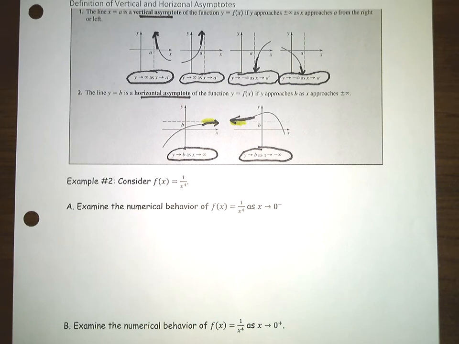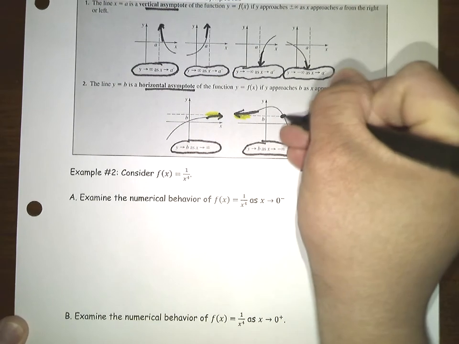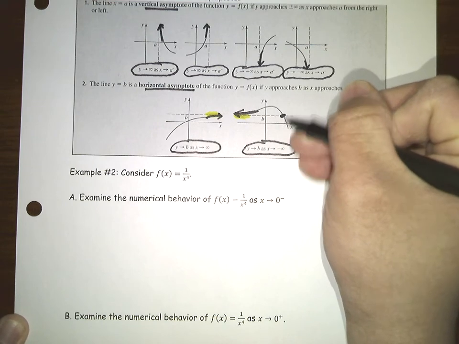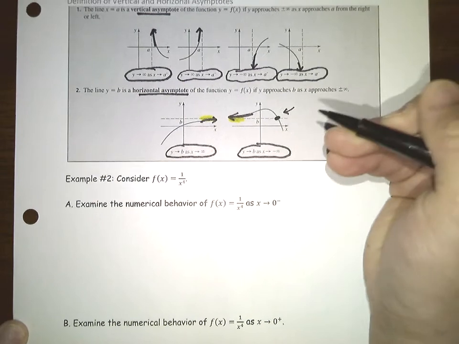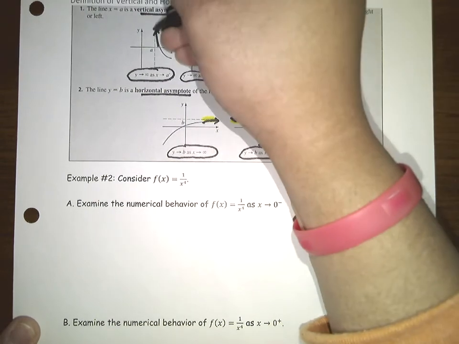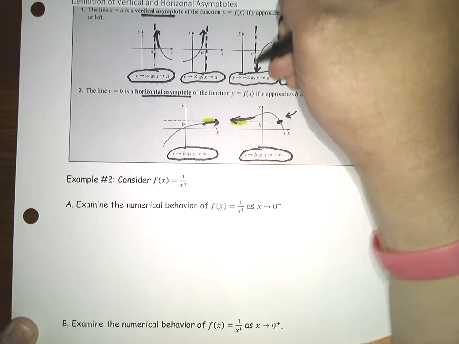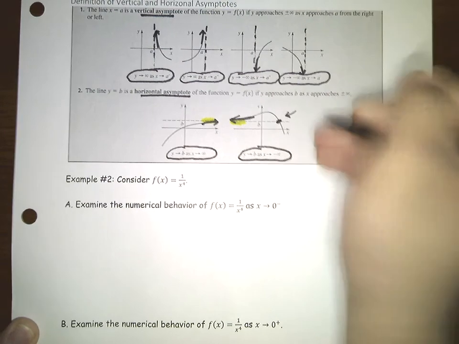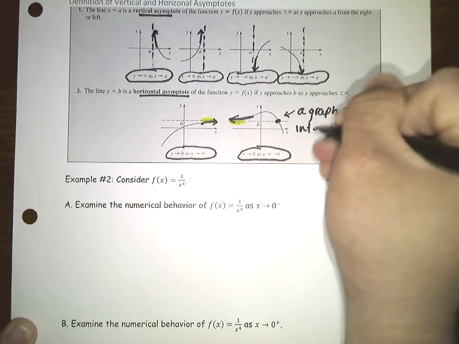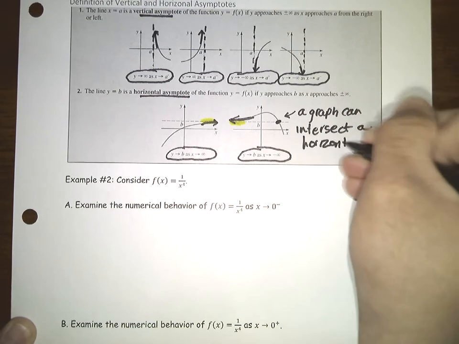All right. So the other thing that you should notice is that if you look here, the graph of the function actually did cross its horizontal asymptote. So that is possible, but a graph can never pass its vertical asymptote. None of these, if you look at them, crossed or intersected the vertical asymptote, but a graph can intersect a horizontal asymptote.